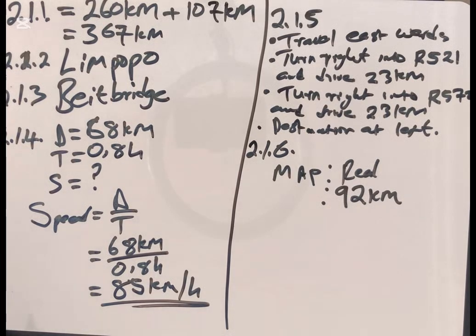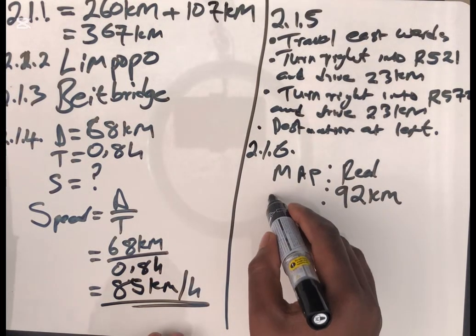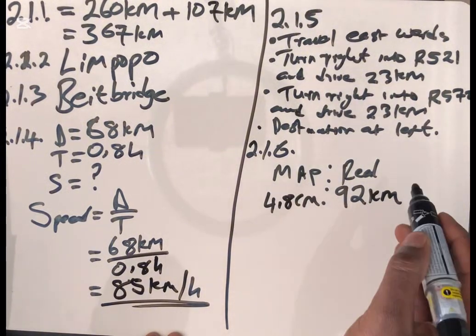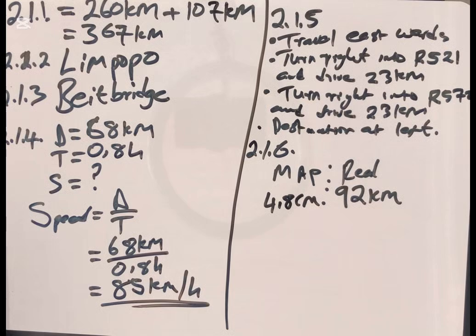When you do that, you're going to find that the distance on the map is approximately 4.8 centimeters. When I say approximately, it may happen that another learner sees 4.9 centimeters. There's nothing wrong with that. Somebody can see 4.7, it's also okay, as long as the difference is not that big.